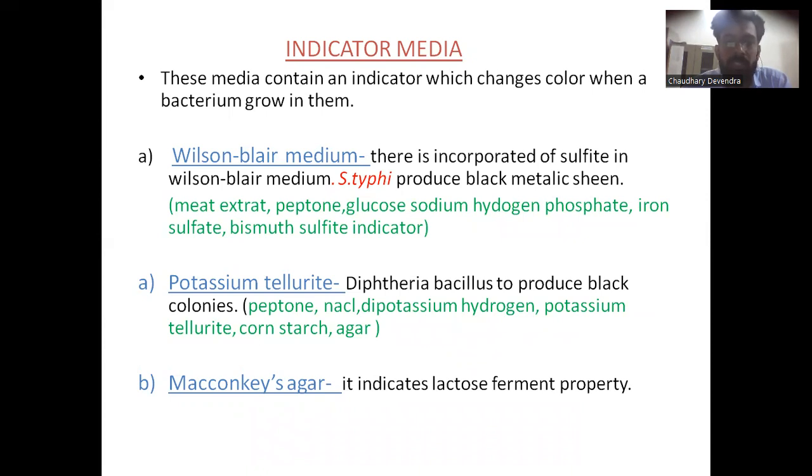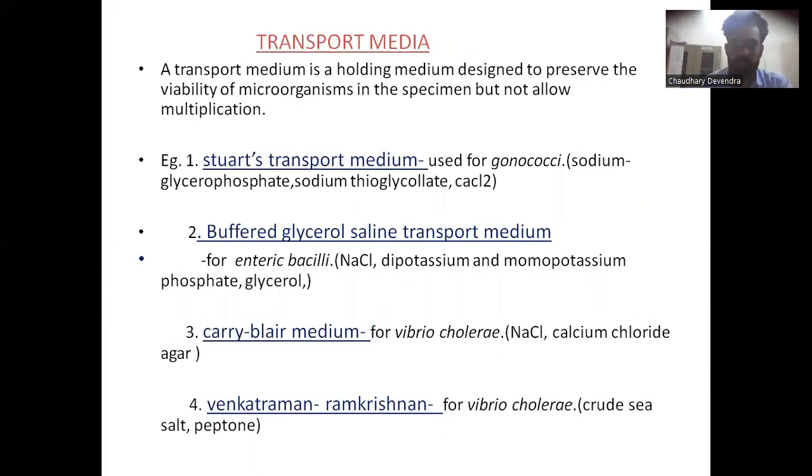In the case of potassium tellurite agar, if the bacteria is diphtheria, they also produce black colonies. MacConkey agar indicates lactose fermenter properties, whether the bacteria is lactose fermenter or non-lactose fermenter.